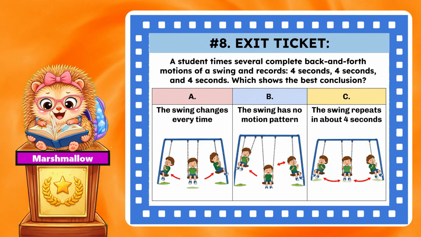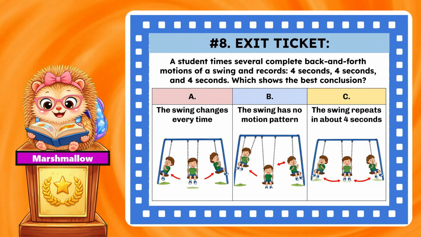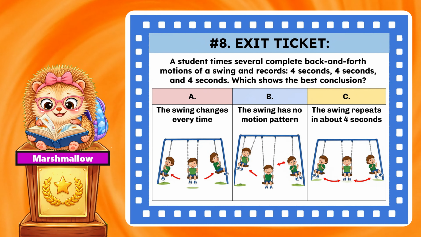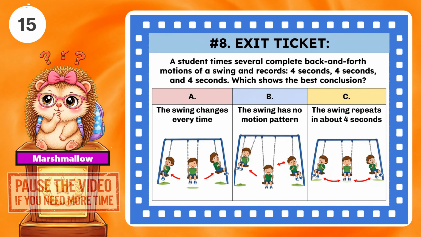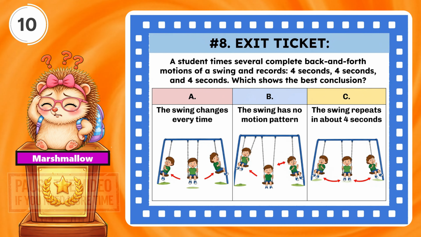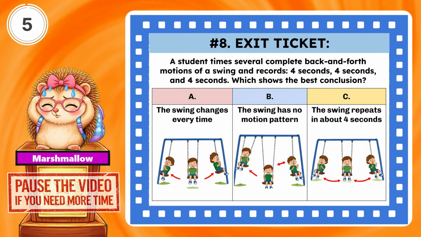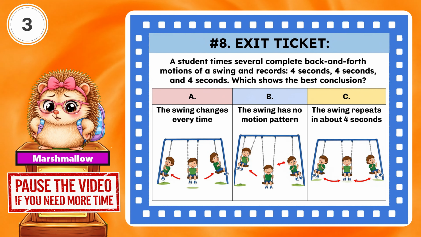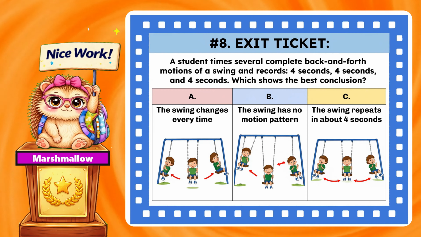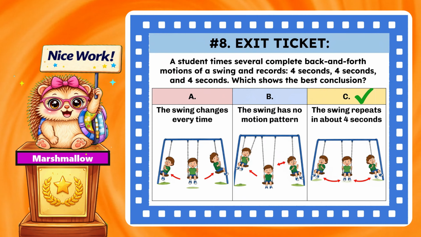A student times several complete back and forth motions of a swing and records 4 seconds, 4 seconds, and 4 seconds. Which shows the best conclusion? And the correct answer is letter C. The swing repeats in about 4 seconds.